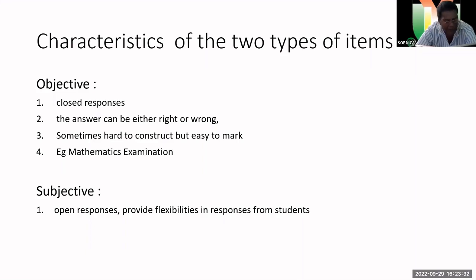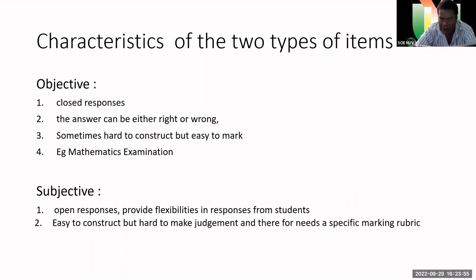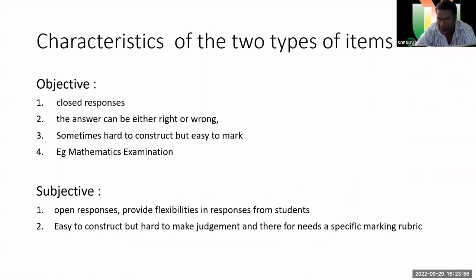You might ask, describe a car, then you have a specific response for cars, but the explanation will vary from student to student. And therefore, they are sometimes easy to construct, but hard to make judgment on, and therefore need a specific marking rubric.